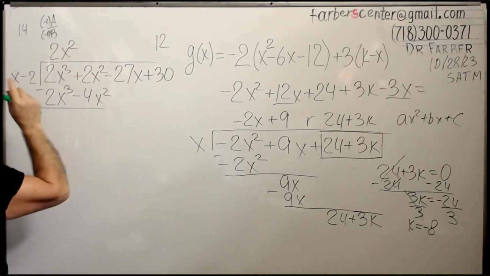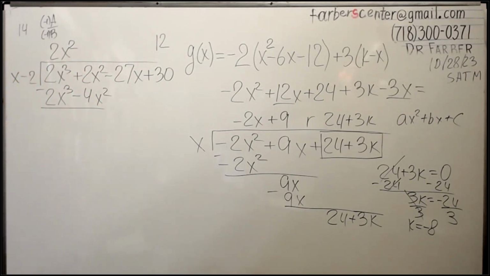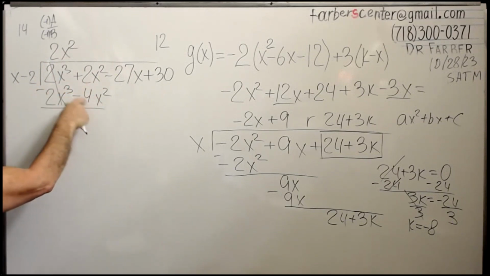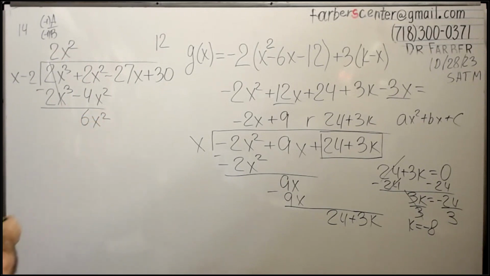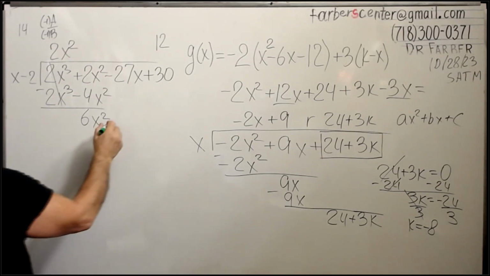Keep in mind, if I subtract this from this, 2x squared minus -4x squared, it would be 6x squared. Okay, and bring down the next one, minus 27x.